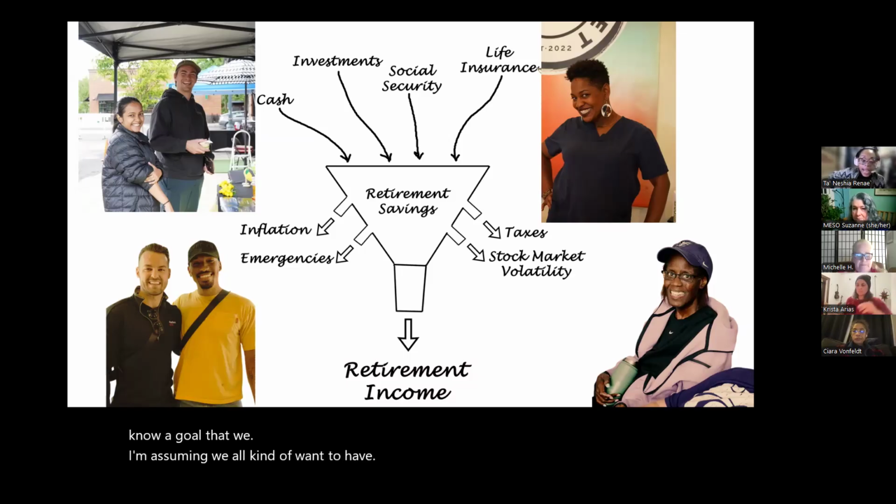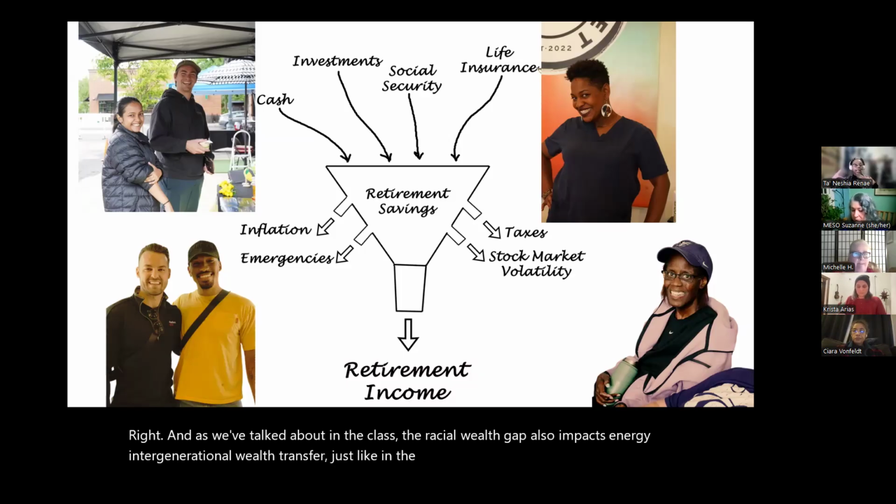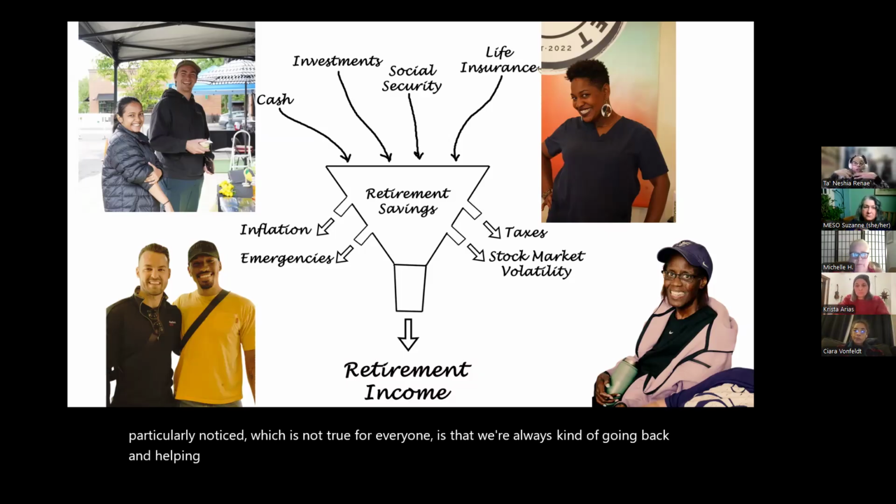As we've talked about in the class, the racial wealth gap also impacts intergenerational wealth transfer. Just like in the Black community, one thing that I have particularly noticed, which is not true for everyone, is that we're always going back and helping family members and older loved ones, and not being able to always pay that forward and leave inheritances, homes, and things of that nature.